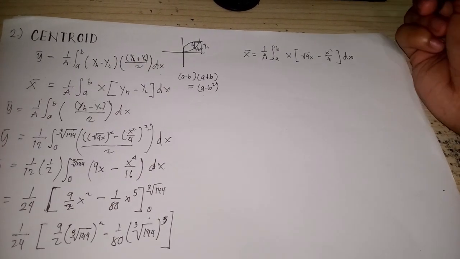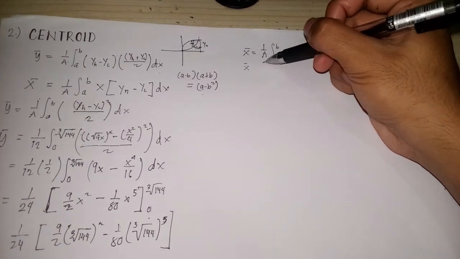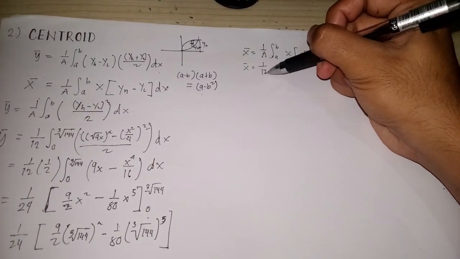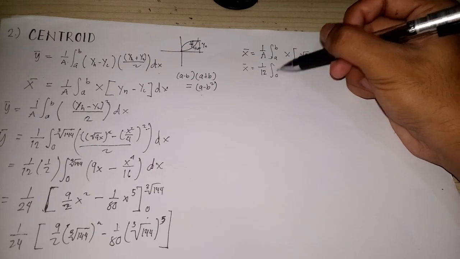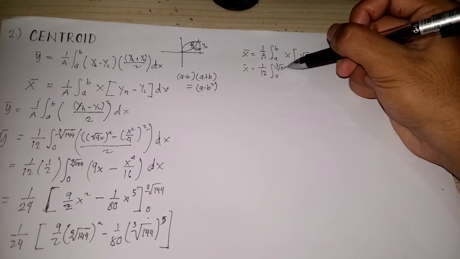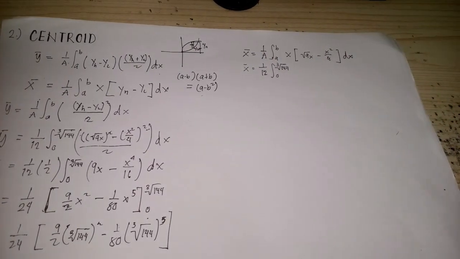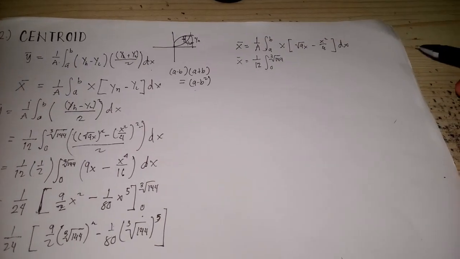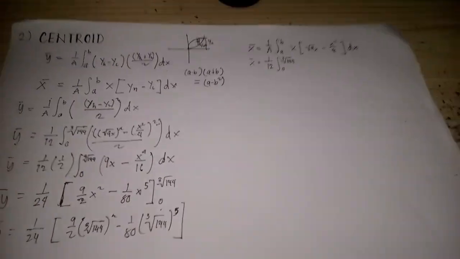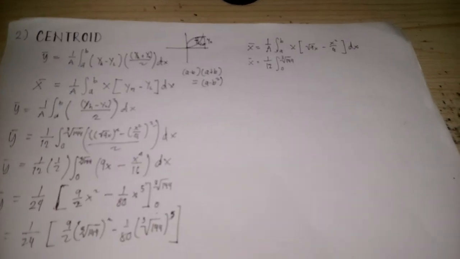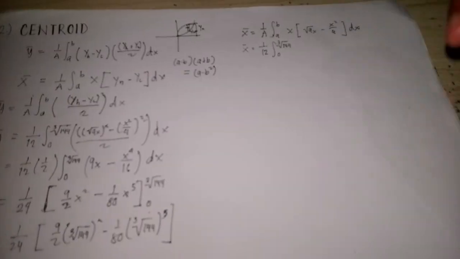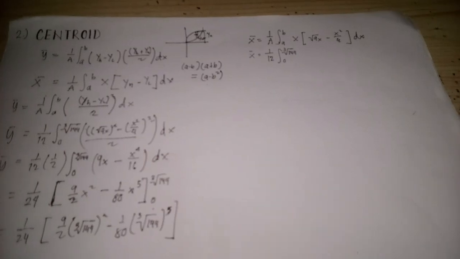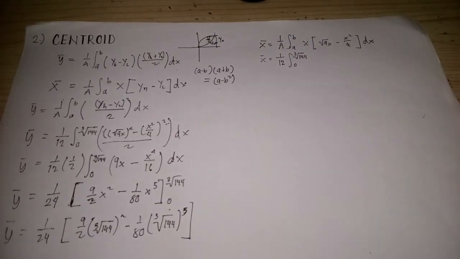So it will now become 1 over 12, since our area is 12, from 0 to cube root of 144. Then if we distribute x there, what's inside the bracket, what should we have?